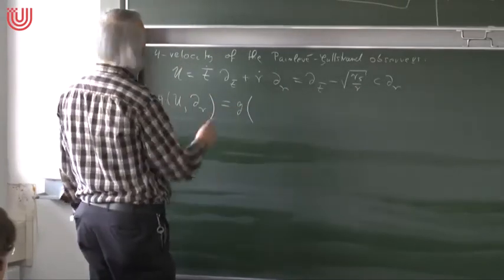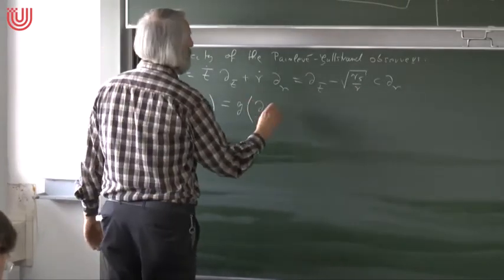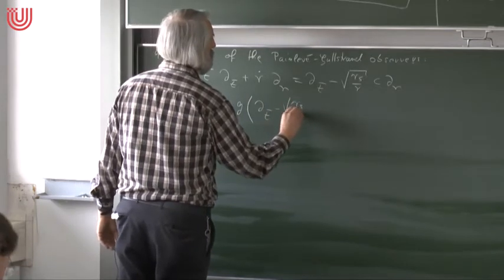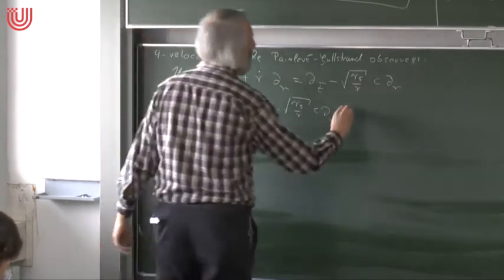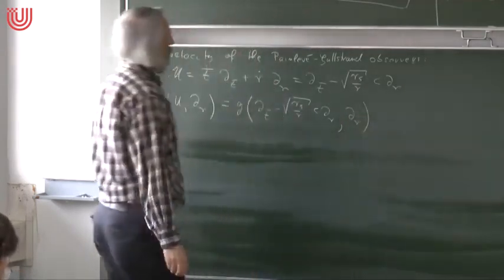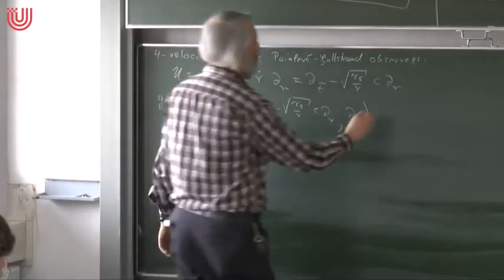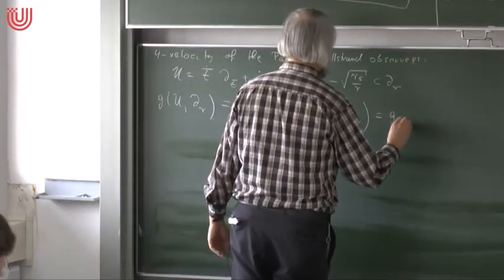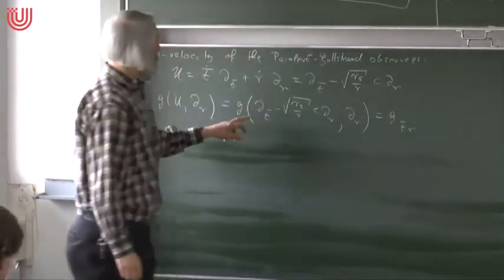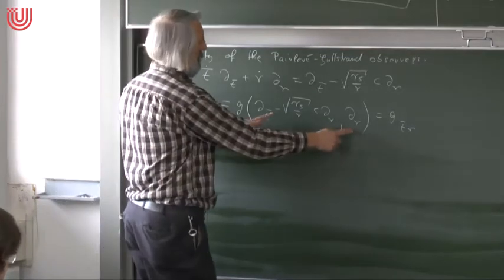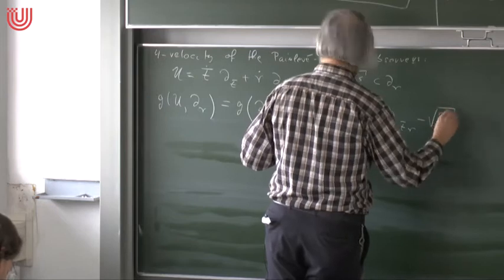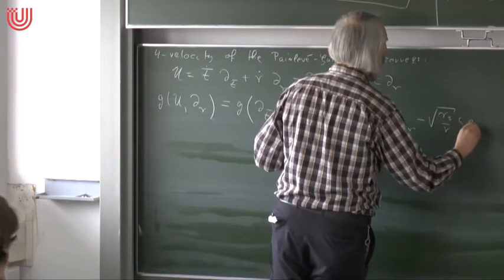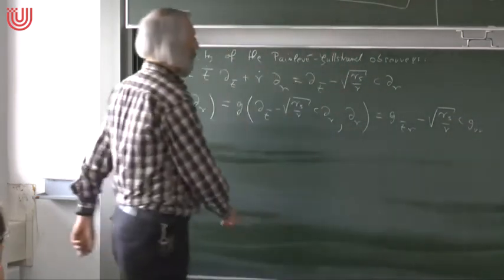What is u? I've just written it here. dt bar minus root rs over r c dr, and this is dr. And this is of course g t bar r, this times this, and then minus root rs over r c grr. And what is this?